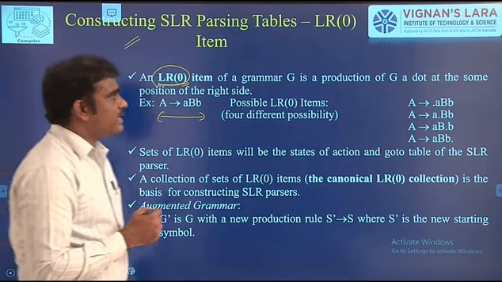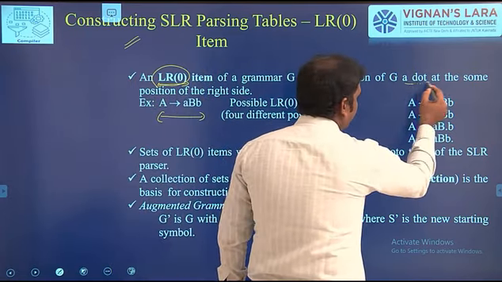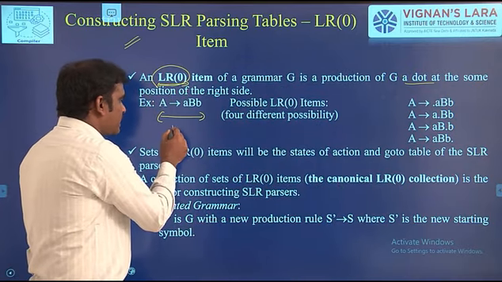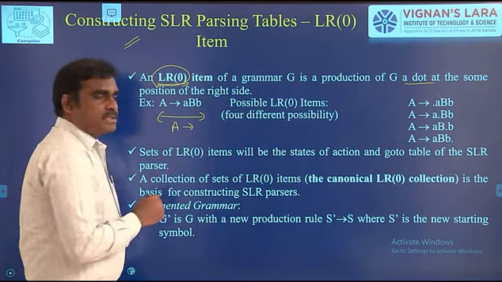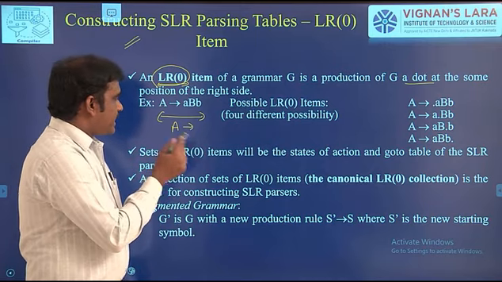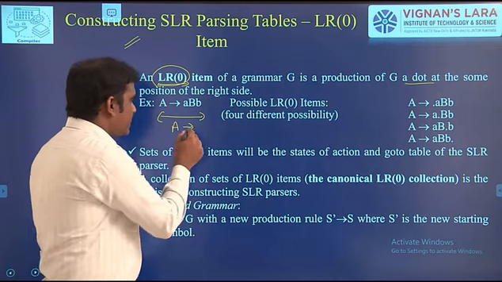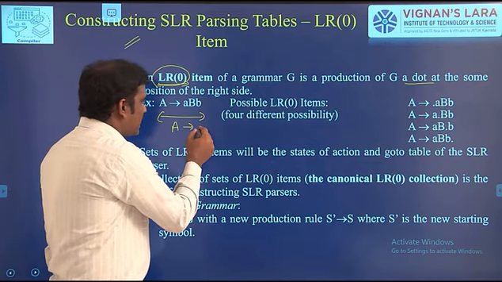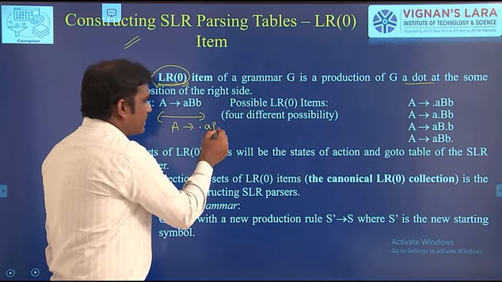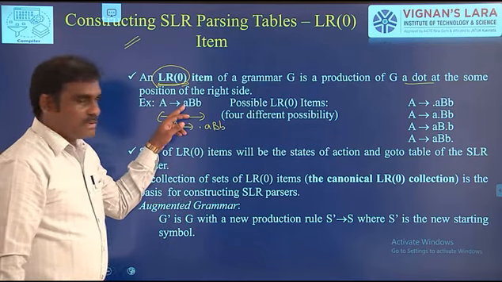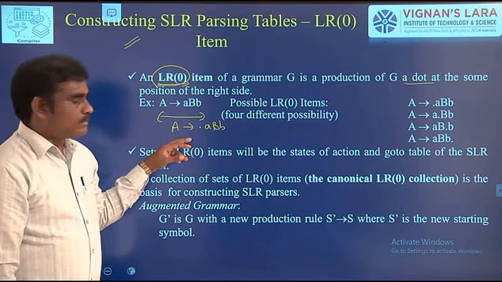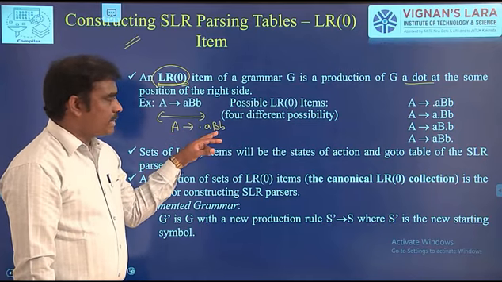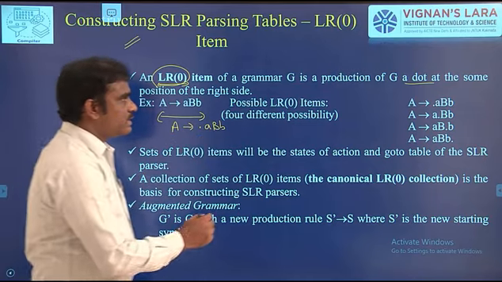First, we apply the dot at the start of the production right hand side. So A to dot ABB. This is the first step.